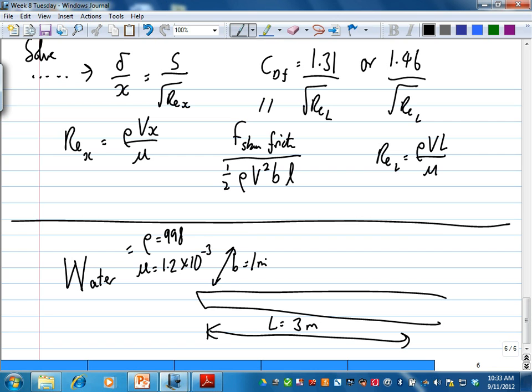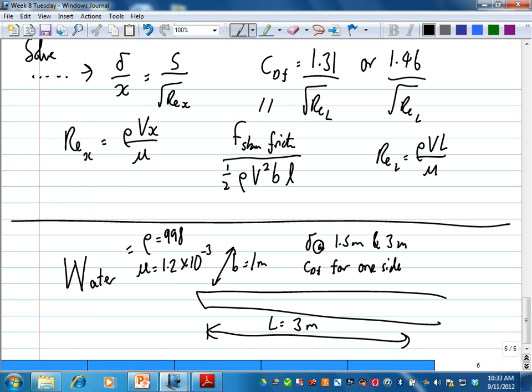What we want to find is del at 1.5 meters and 3 meters, the boundary layer thickness. We want to find CDF for one side of the plate. You guys sometimes want to ask me about the other side. Some of you don't know, please consider both sides. For this, one side.